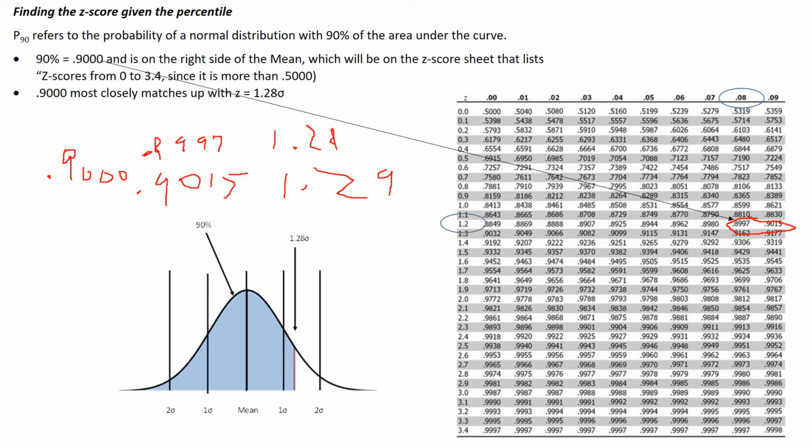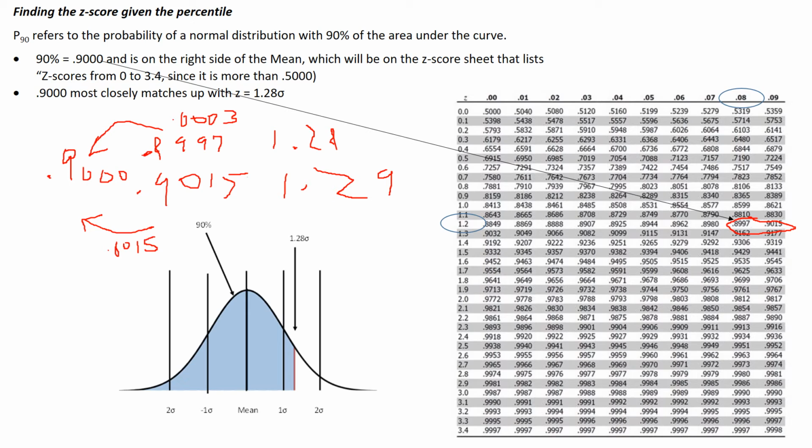All right. This 0.8997 to 0.900 is only 0.0003, ten-thousandths, away. From 0.9015 to 0.9000 is 0.0015.